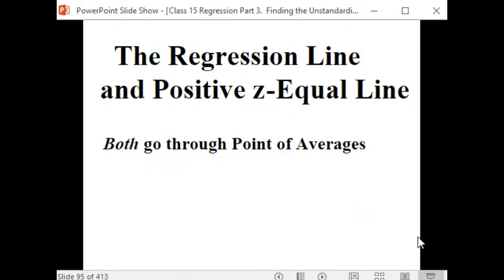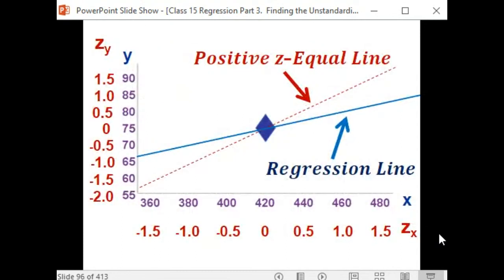So now we see something about the regression line and the positive z equal line that they have in common. They both go through the point of averages. Whenever we have a regression line, we know it hits the positive z equal line at the point of averages.